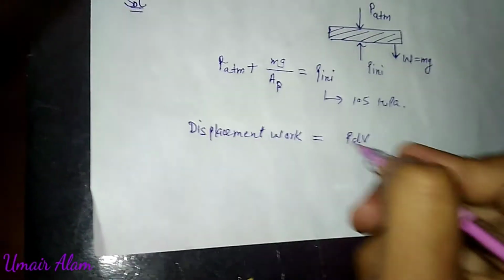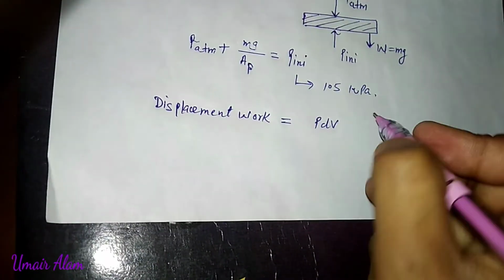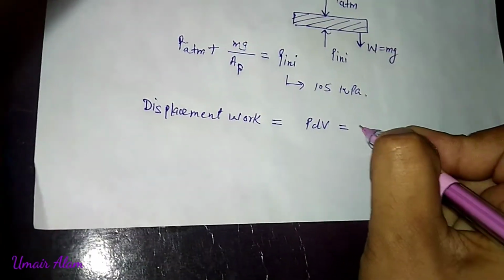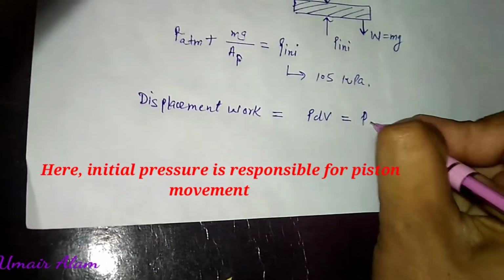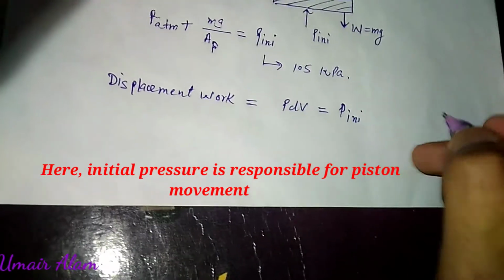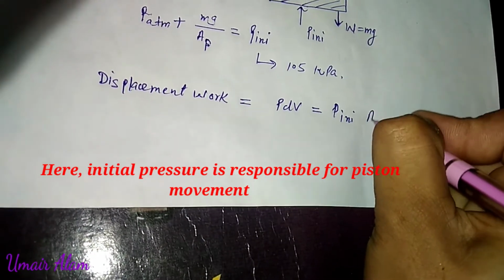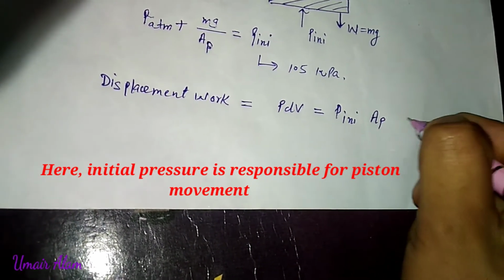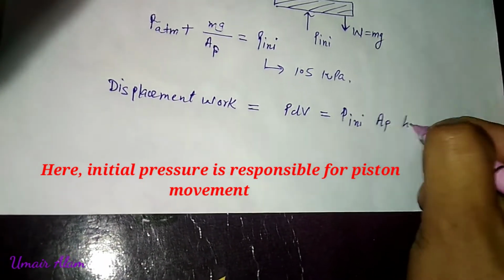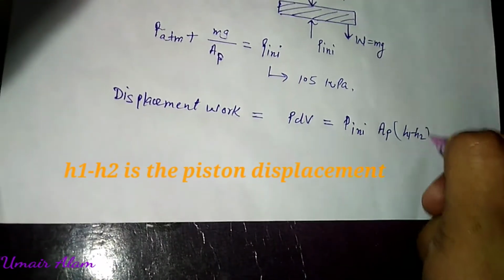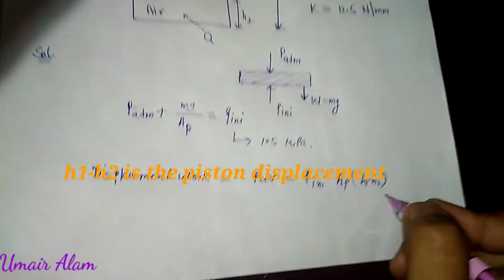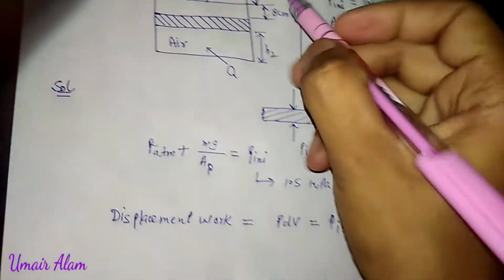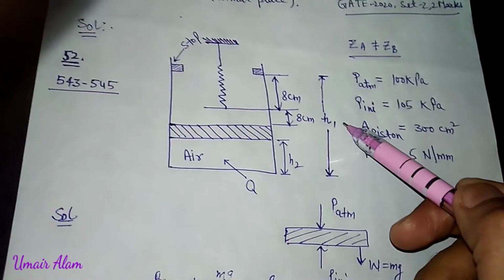This p is the initial pressure, so we can write it as p initial, and dv can be written as area of the piston into h1 minus h2. h1 minus h2 is the displacement in the length of the cylinder. This is h1 and this is h2.